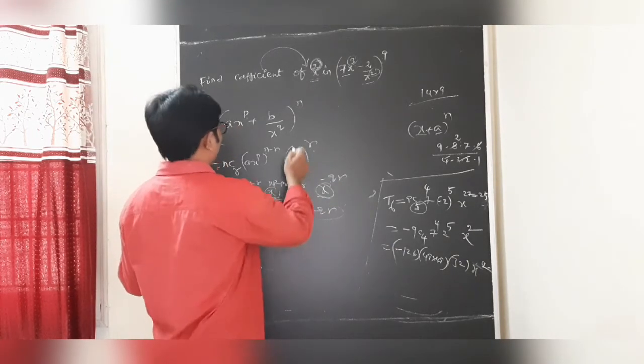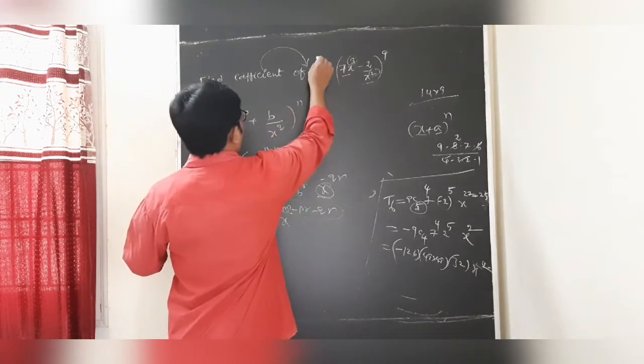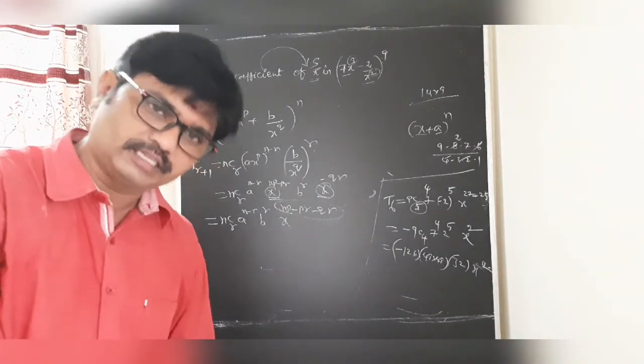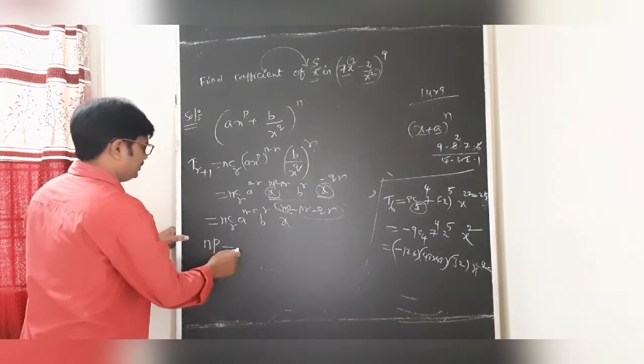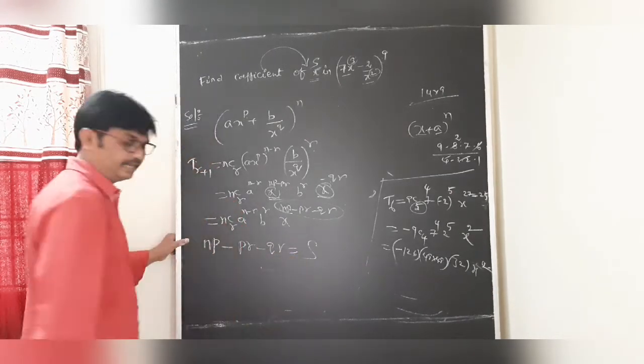So students, when you have to find the coefficient of x power s, this is equal to s. So students, np minus pr minus qr will be s.